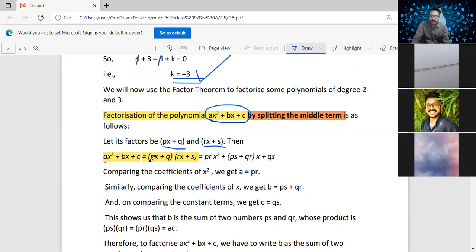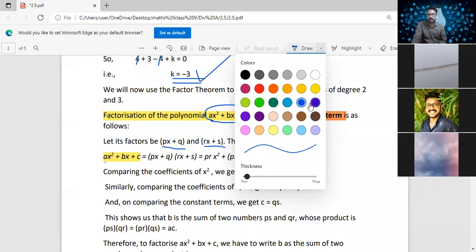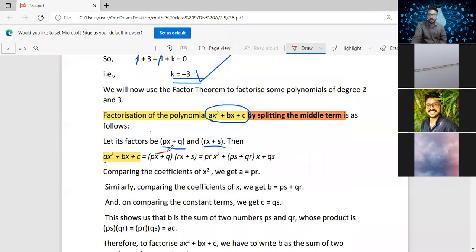First, we multiply px into rx, which means p is multiplied with r.